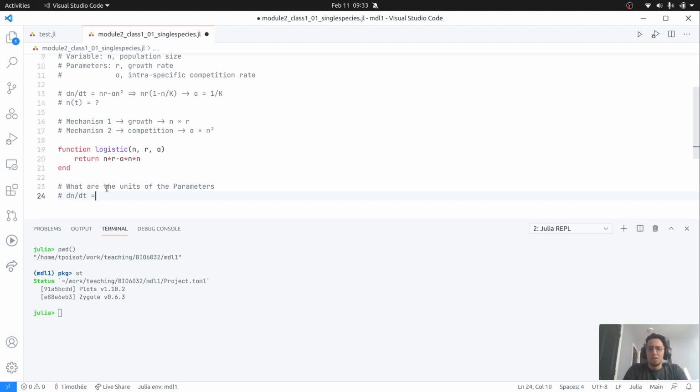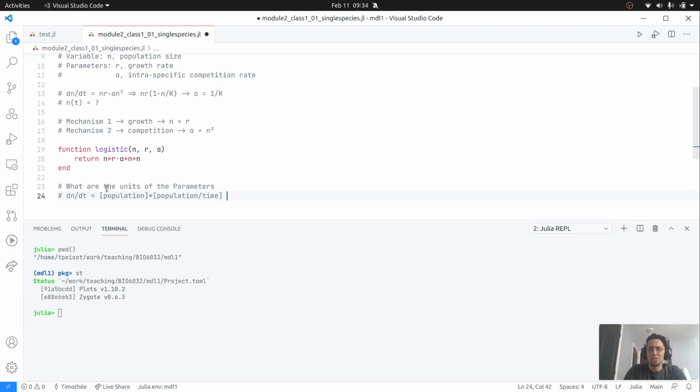So we know that we have a first mechanism, which is growth, and growth is expressed as population times a rate. And a rate is something over time. So it's a population over time.